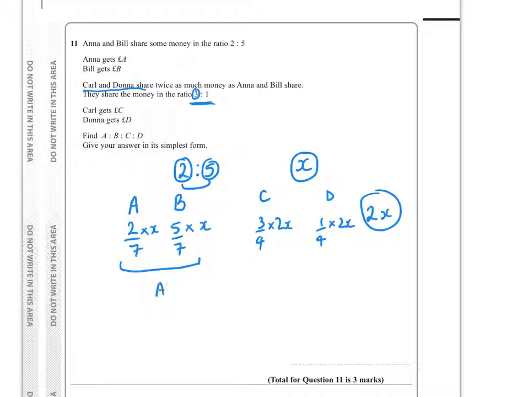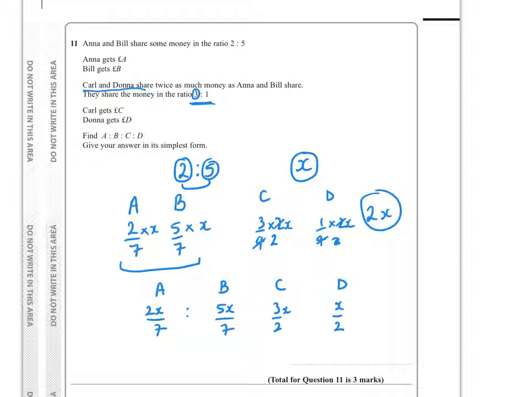So if we just write these down as simply as possible to start with, we'd have for Anna 2x over 7, Bill 5x over 7, then we'd have Carl, I can cancel this down here, to 3 over 4 times 2x, so 3x over 2, and Donna, 2 divided by 4 is a half, so just x over 2.